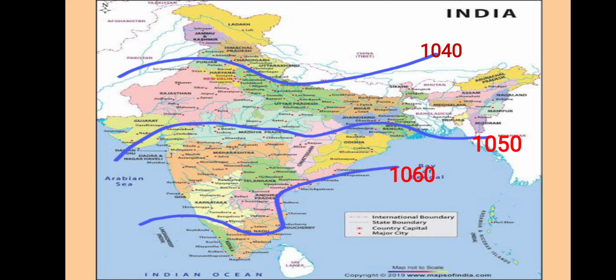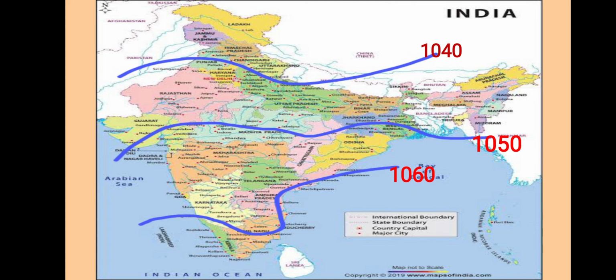Able to see here? Now similarly, on the second line also many cities are there. If you are able to read, you can see carefully and read names of the different cities, and all those cities have the same air pressure, that is 150. So that line is known as isobar.